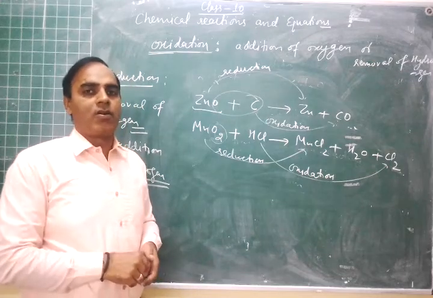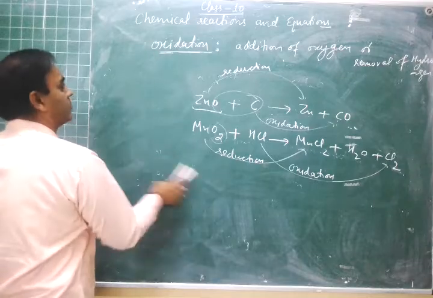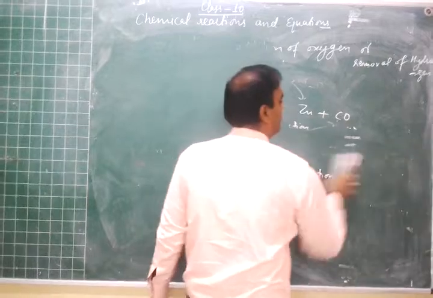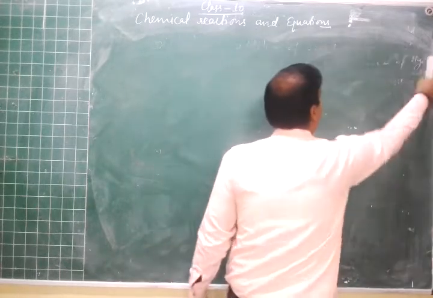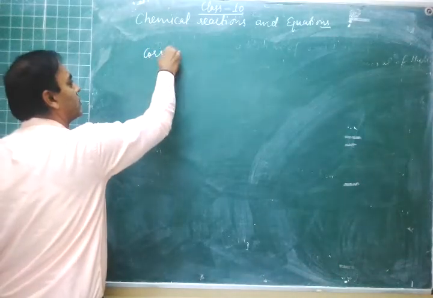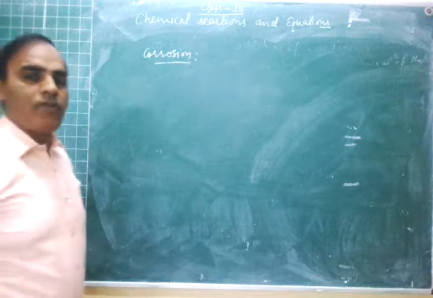Now we'll discuss corrosion. Now what is corrosion? Corrosion is decay of metal.